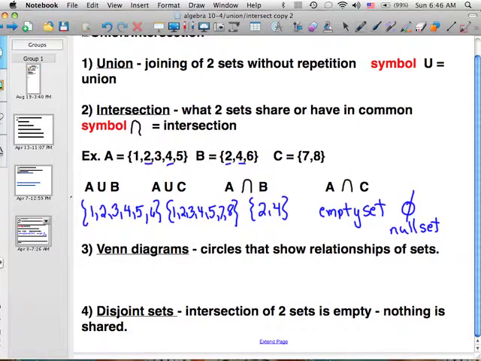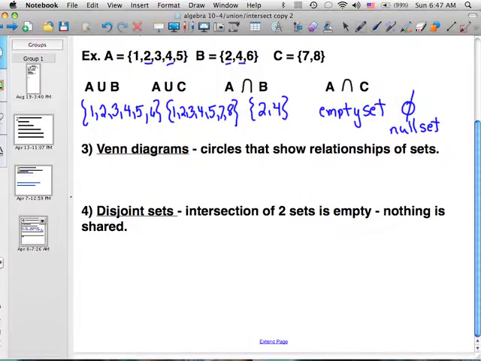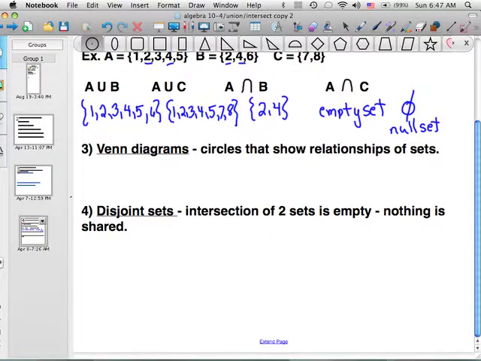We use Venn diagrams, which are circles, to show relationships among sets. So if I wanted to show the relationship of A and B, I would draw two circles overlapping each other.